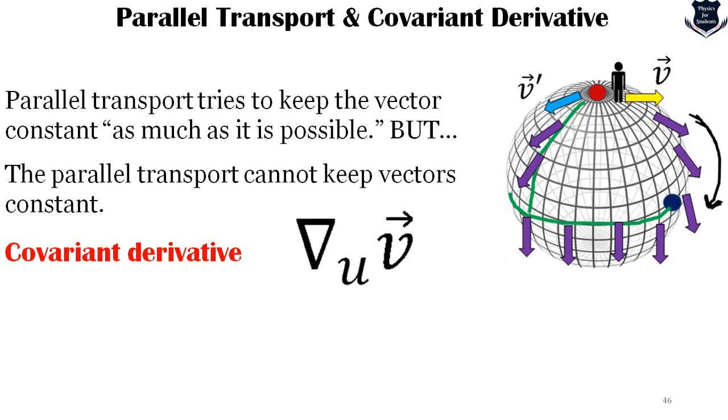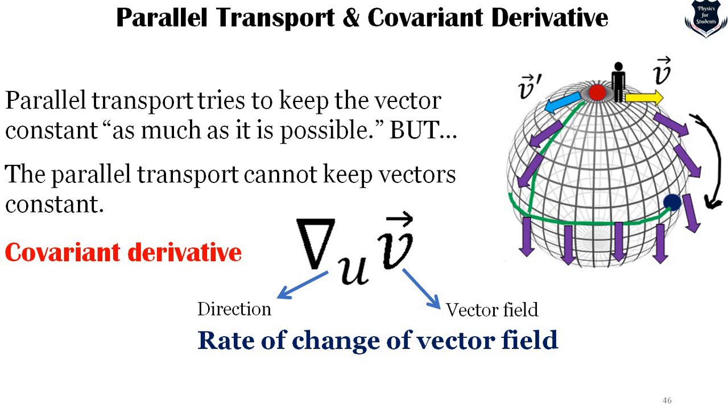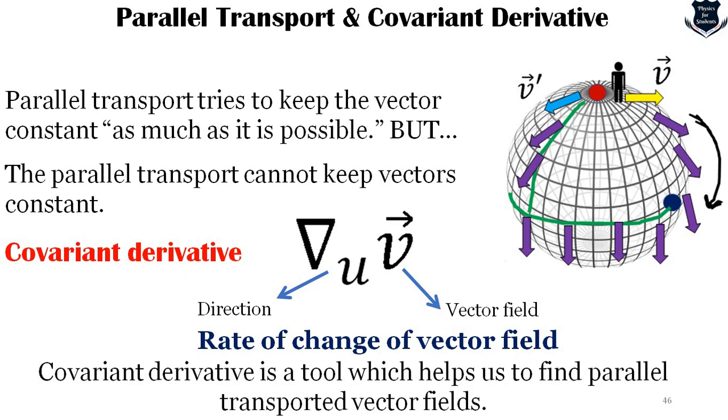This is denoted by this nabla sign. This one denotes the direction and this is the vector field. So it denotes the rate of change of a vector field. That means the covariant derivative is a tool which helps us to find parallelly transported vector fields. We try to make it as simple as possible, but we are unable to do that. So we use the covariant derivative, which helps us to find parallel transported vector fields.